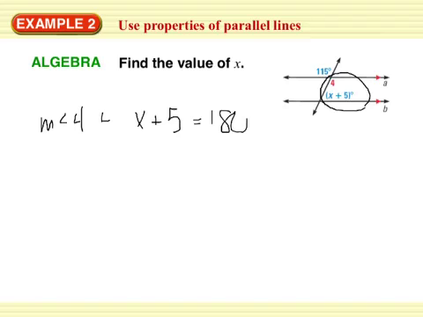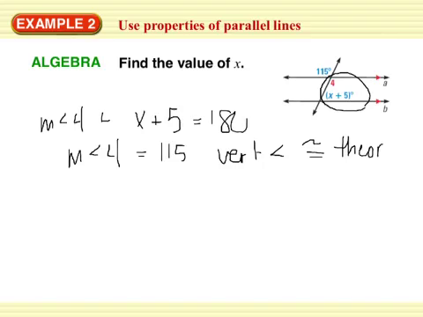Okay, we know that the measure of angle 4 equals 115 because of the vertical angle congruence theorem. Okay, and this one is actually because of the consecutive interior angle theorem. I'm going to start using the numbers.